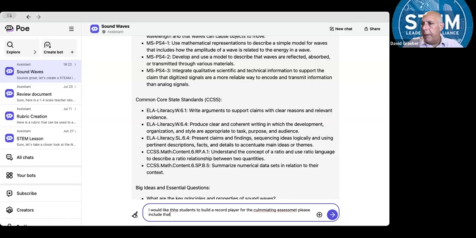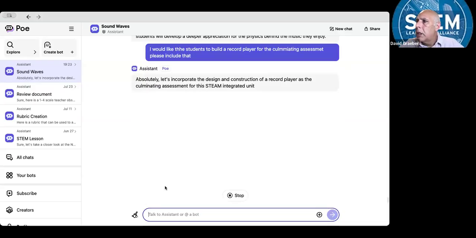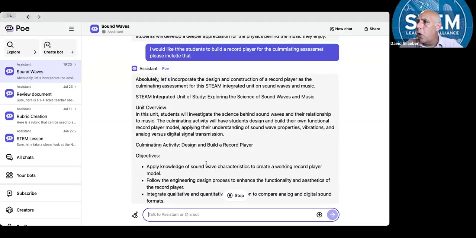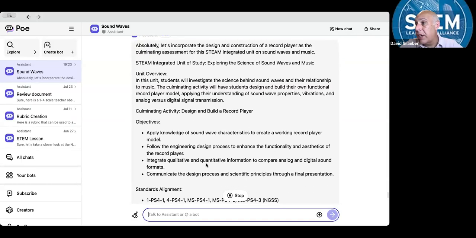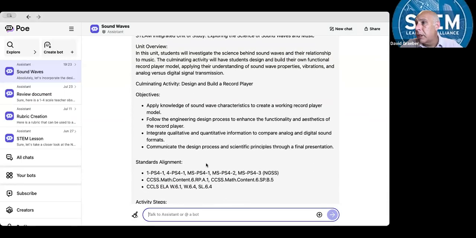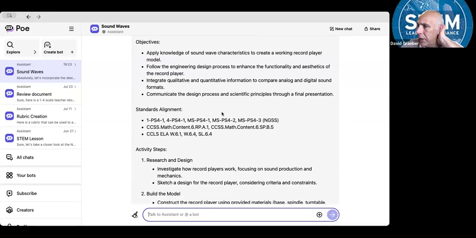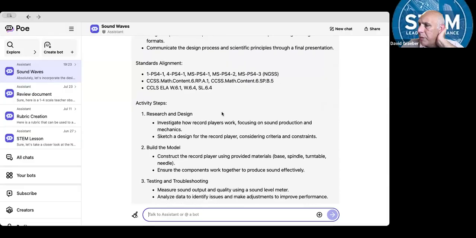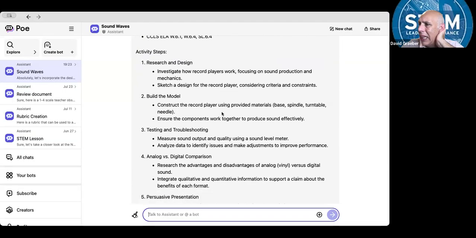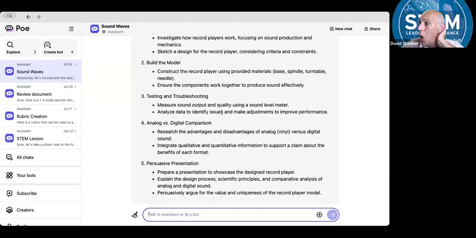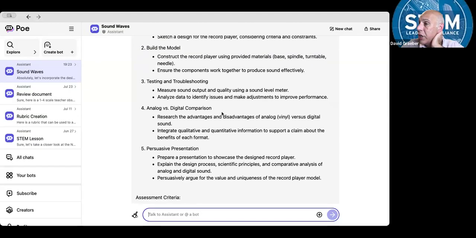Please include that. Absolutely. Let's incorporate the design. So I'm having now a conversation still, right? Design and build a record player. Here are the standards. Okay, sketch a design, build a model, test and troubleshoot, analog versus digital. Oh, look at this, a persuasive presentation.